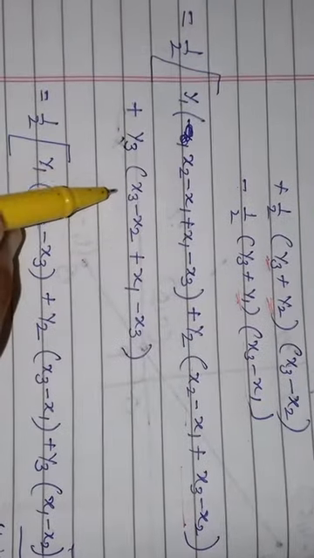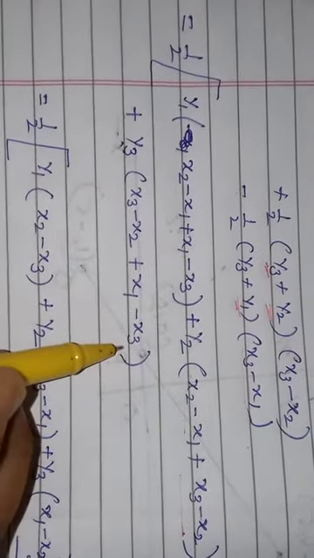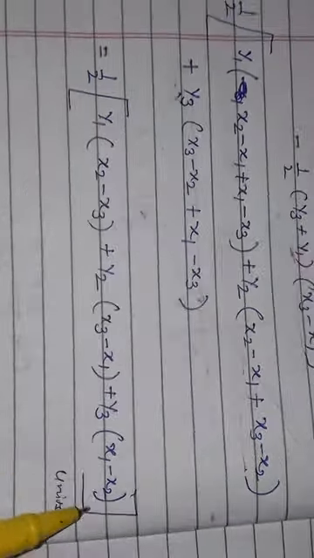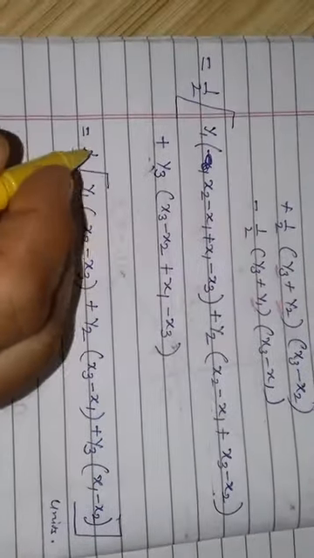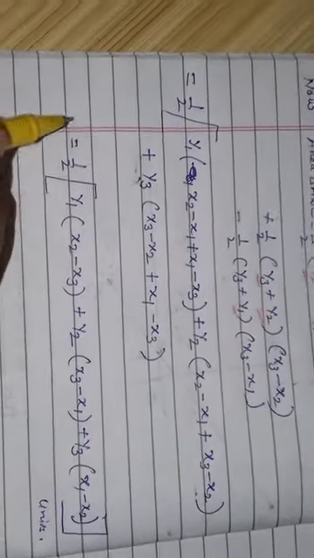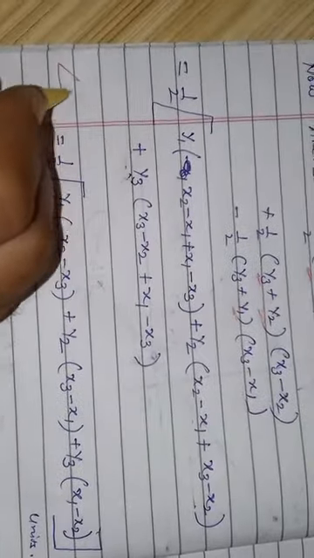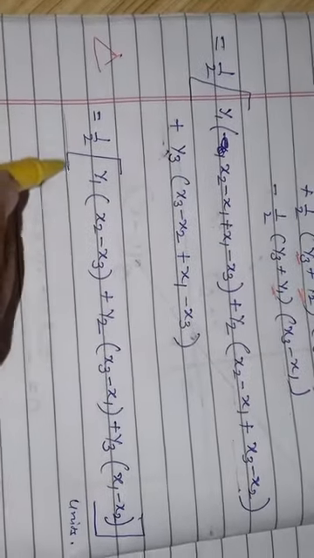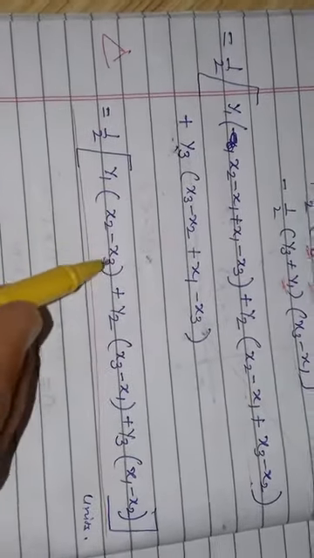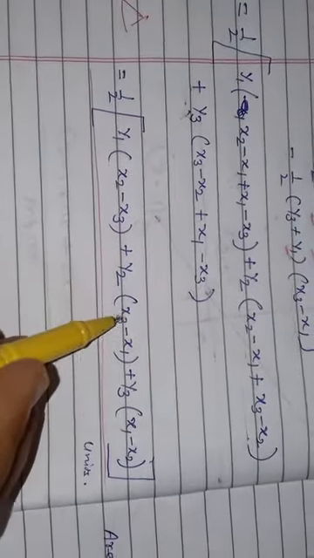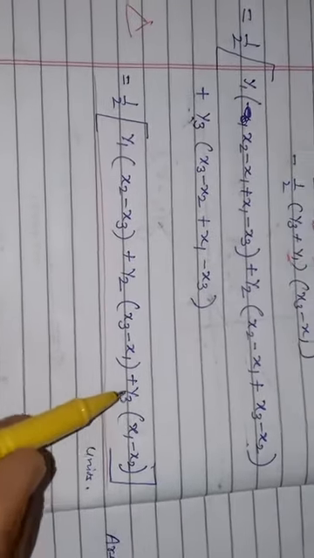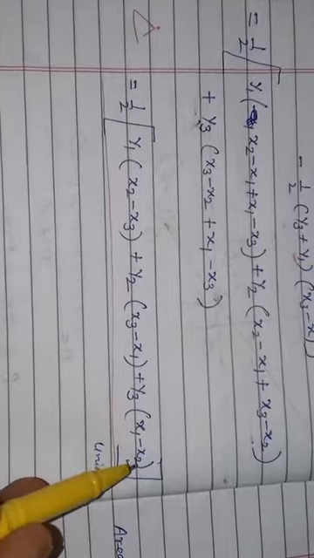For y3, x3 will be cancelled, so it is x1 minus x2. Half is already taken as common. So the area of triangle ABC is half of y1 (x2 minus x3) plus y2 (x3 minus x1) plus y3 (x1 minus x2).